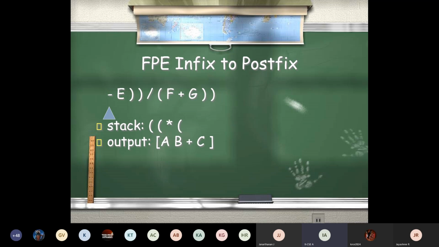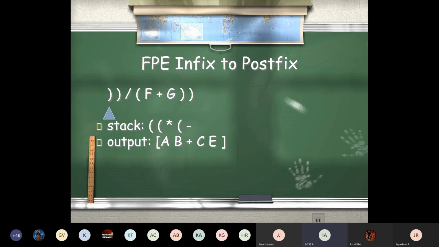When you are having a minus, write it into the stack. When you are having an operator, write it in the stack. When you are having operand E, write it into the output. And when you are having a closing bracket, what we should do, till this open bracket we are going to pop. You remove contents from your stack top and write it into the output if it is an operator.